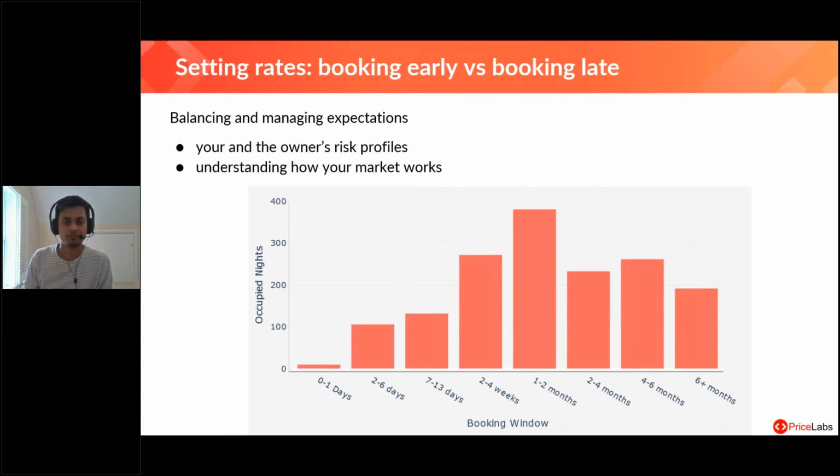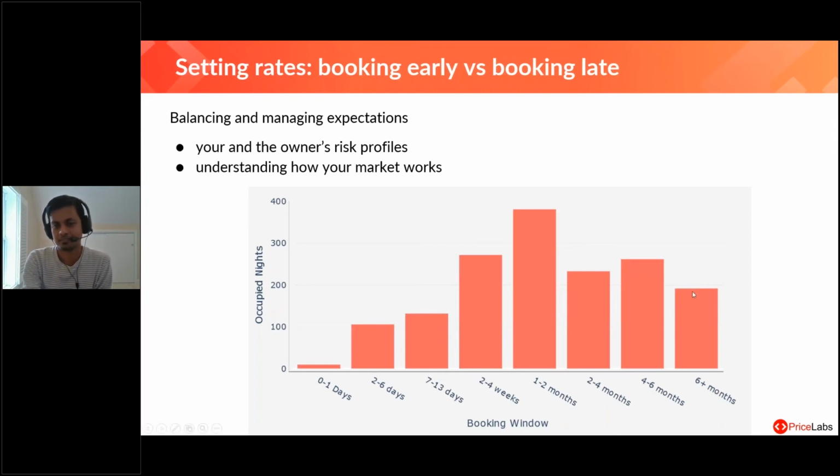And it's also useful to be able to show what kind of market you are in and what kind of booking profile is there. So for example, if you look at this chart, each column on the x-axis is a booking window.